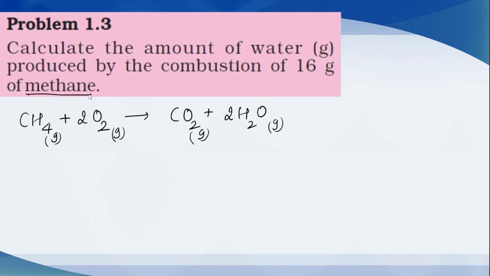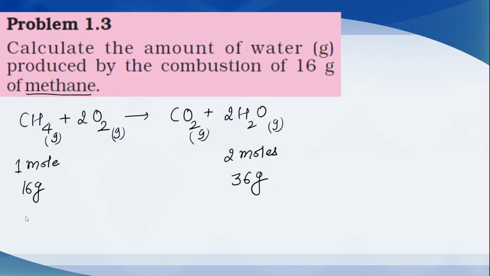Now, in the combustion of methane, if we have 1 mole of methane, then we will get 2 moles of water. Now 1 mole of methane is 16 gram, and 2 moles of water is 36 gram, 2 into 18.